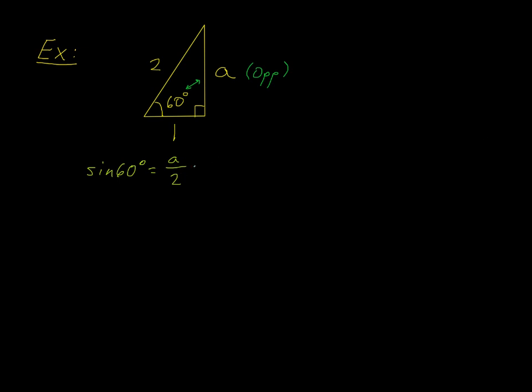Now I'm going to solve this for A by just multiplying both sides of the equation by 2, which gives me A on its own. And so here I'm getting that A is equal to 2 times the sine of 60 degrees. Now I'm going to go ahead and use a calculator to approximate this.